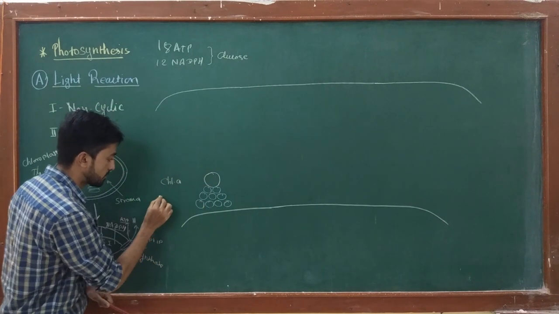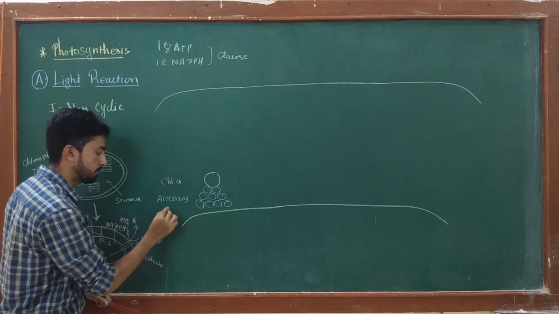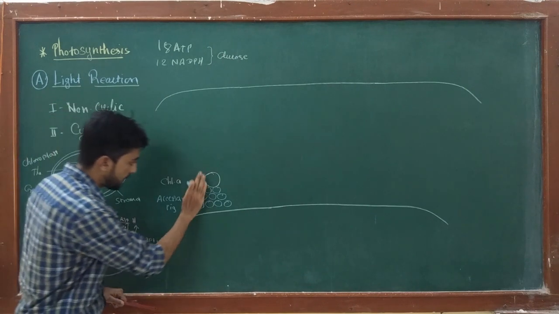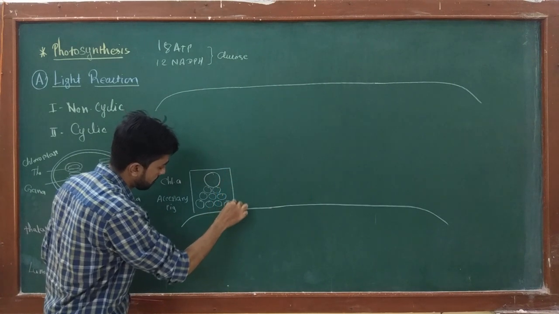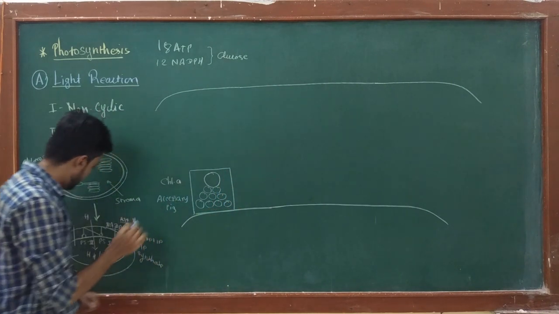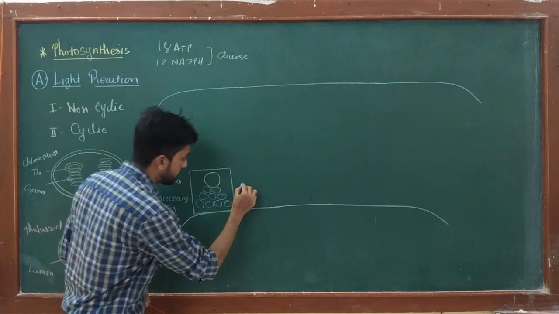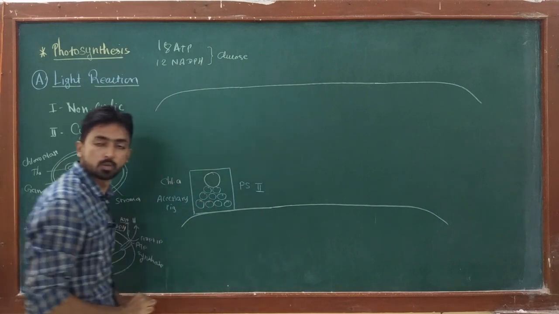These pigment molecules are called accessory pigments. This type of structure, which is present here in the membrane of the thylakoid, is called a photosystem, and this is photosystem 2.